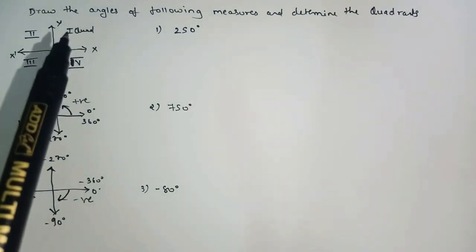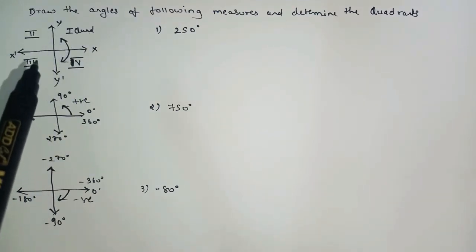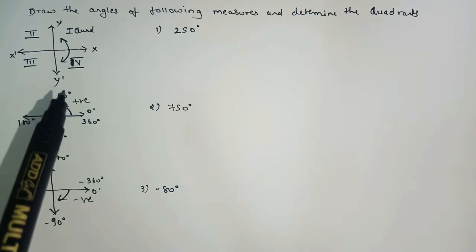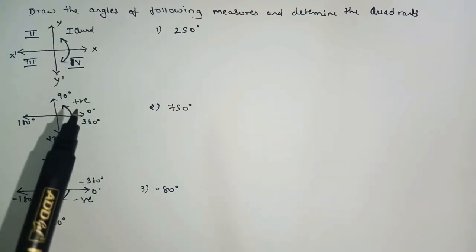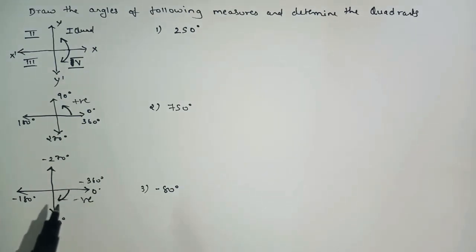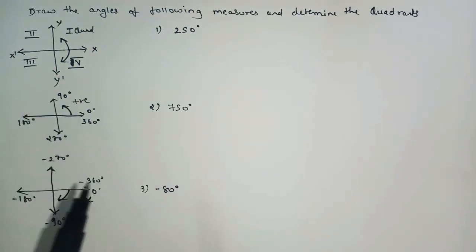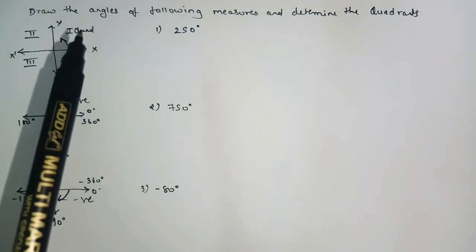And we know the position also, first quadrant. So this is what? First quadrant, this is second quadrant, this is third, and this is fourth. And remember one thing, whether the angle moves in anti-clockwise direction or clockwise direction, the quadrant will be fixed.